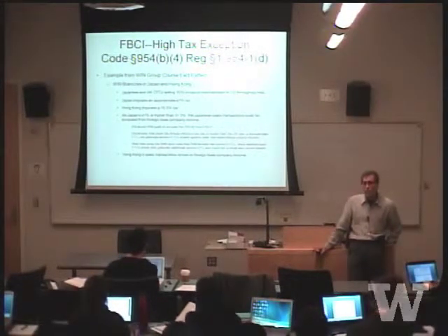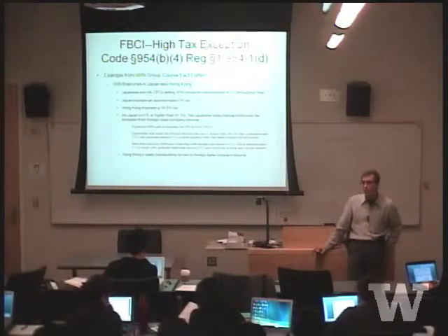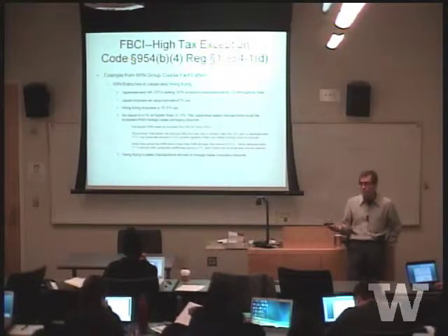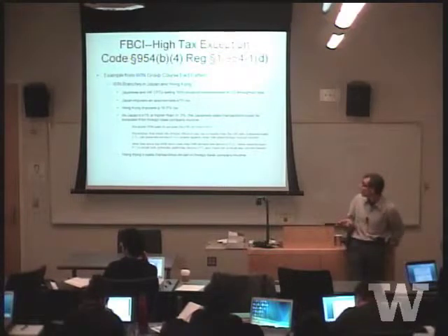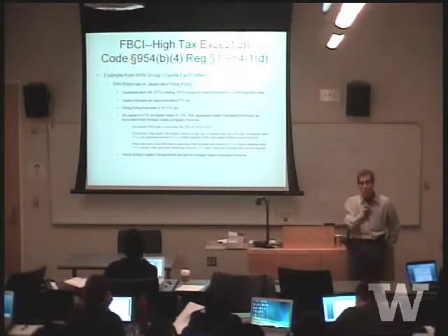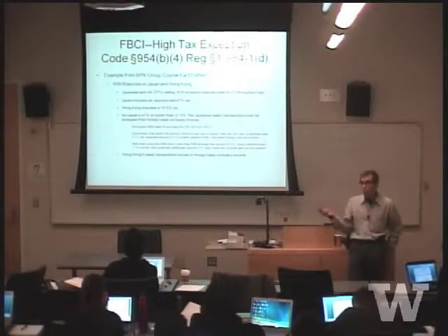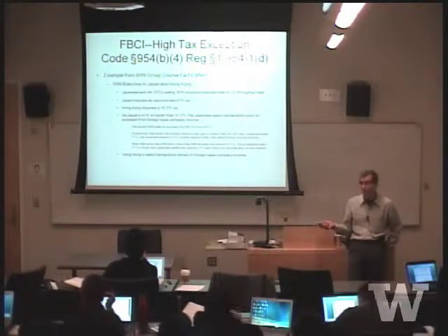And one part of that was that after the branches have been incorporated, you have the sale of product from the U.S. to the subsidiaries in Japan and Hong Kong, and then sales to customers outside of Japan and Hong Kong.